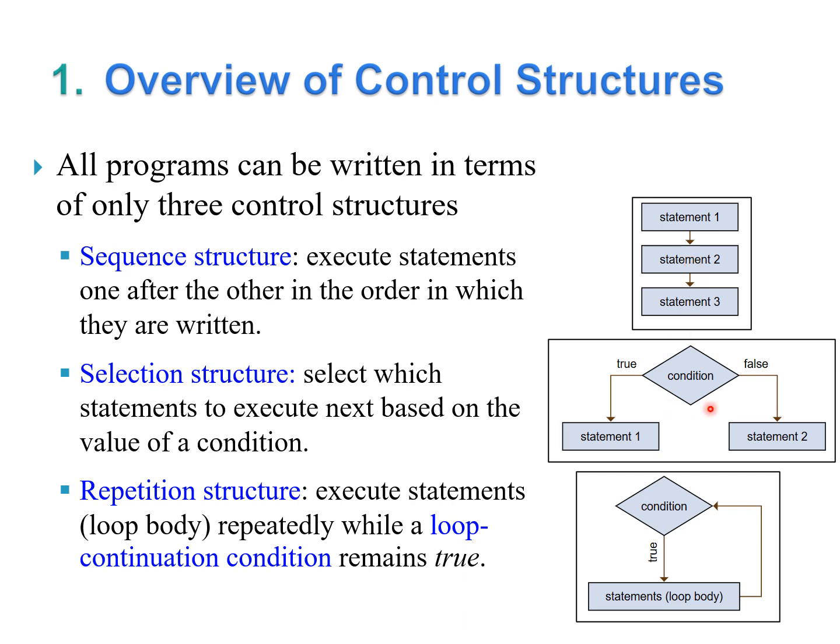When executing a selection structure, the program will select which statement to execute next based on the value of a condition. When executing a repetition structure, the program will execute statements or the loop body repeatedly, while the loop continuation condition remains true. The loop continuation condition is the condition for the loop to continue.